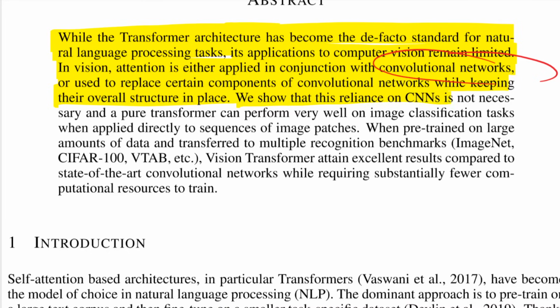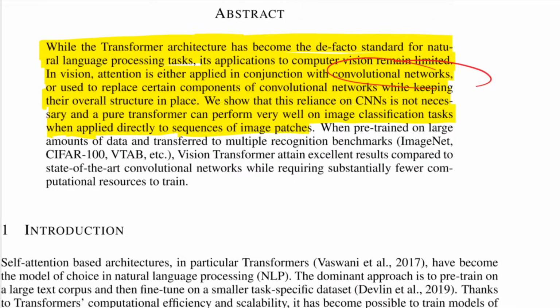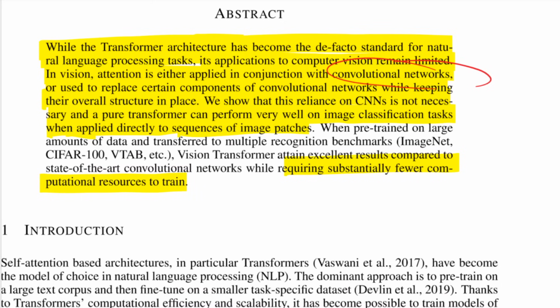We show that this reliance on CNNs is not necessary, and a pure transformer can perform very well on image classification tasks when applied directly to sequences of image patches. And they go on saying that they outperform CNNs while requiring substantially fewer computational resources to train.